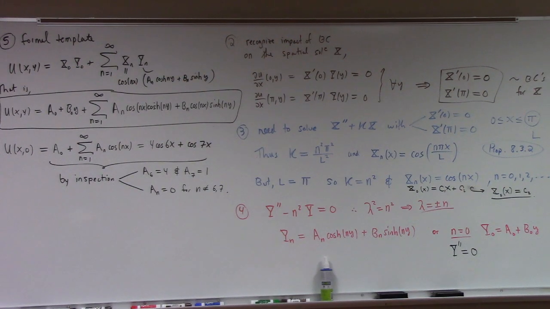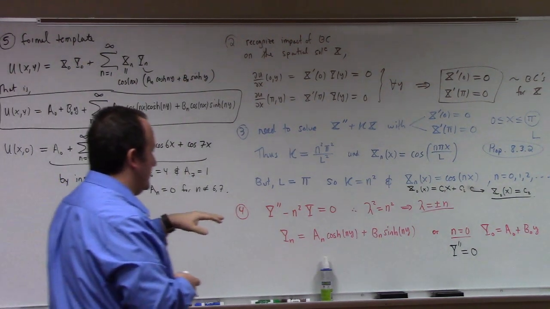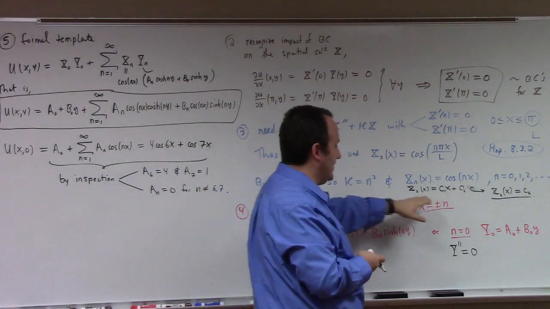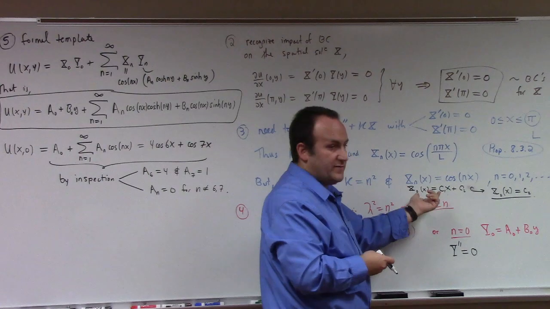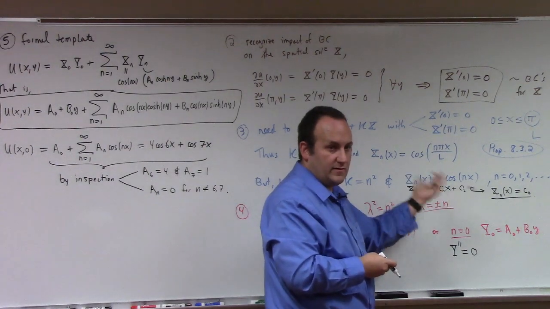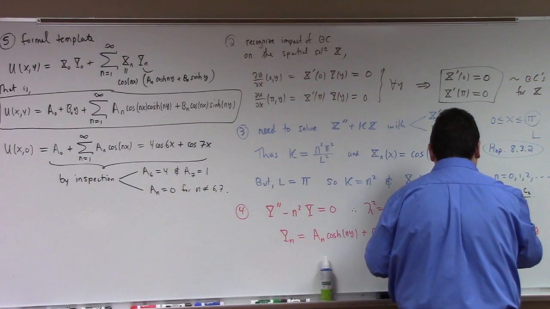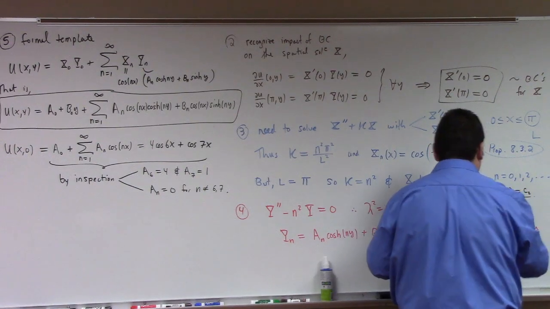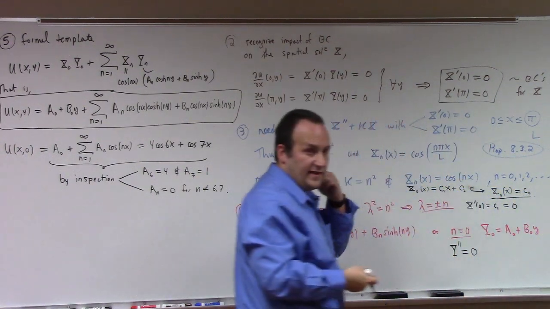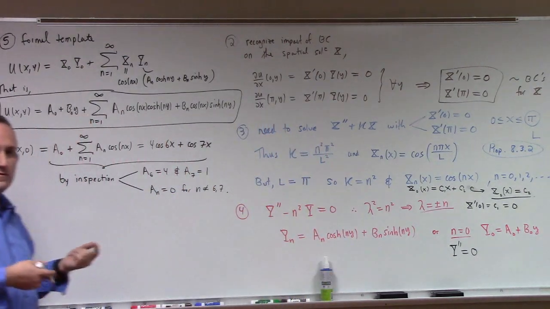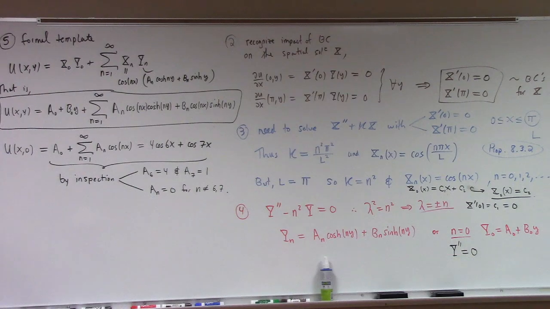I see what you're doing. The difference is that in the x case, we have the boundary condition that x prime of 0 is 0. X prime of 0 is C1, which is 0. So that's why I just get the C2 in the x case. In the y case, I don't have y boundary conditions like y prime of 0 and y prime of 1 being 0.